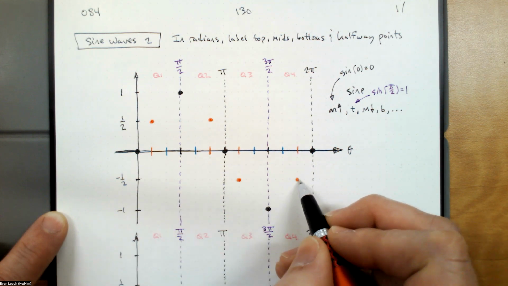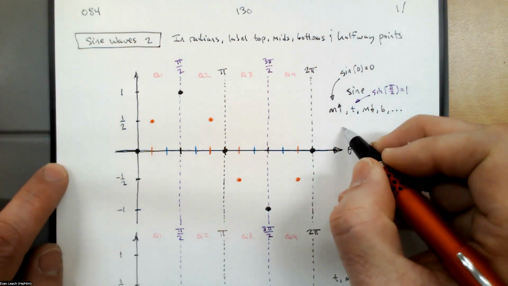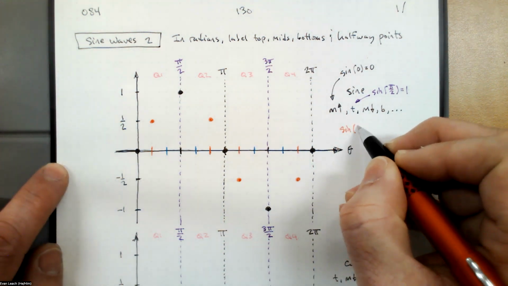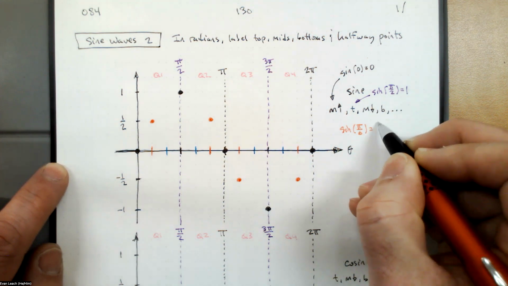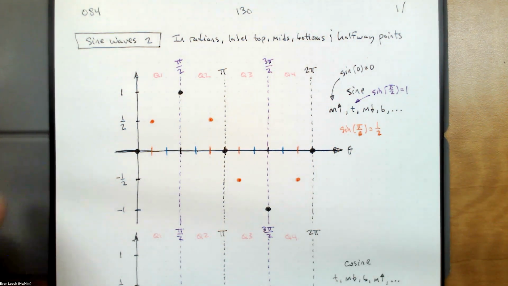And then we get another negative 1/2 at 11 pi over 6. So here are our halfway points. We're using the fact that sine of pi over 6 is equal to 1/2.